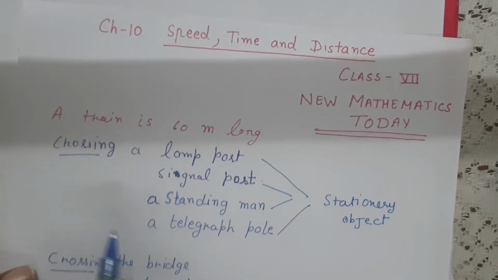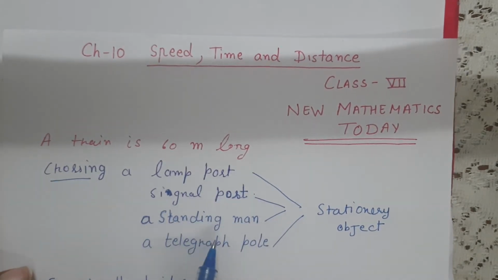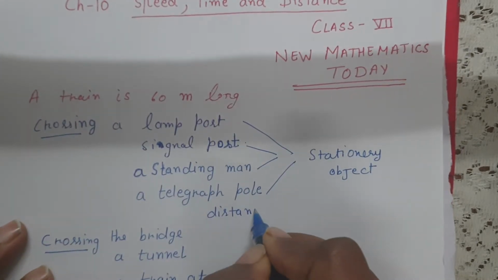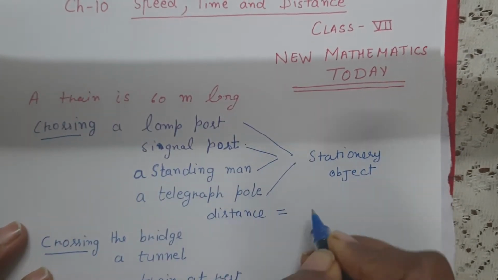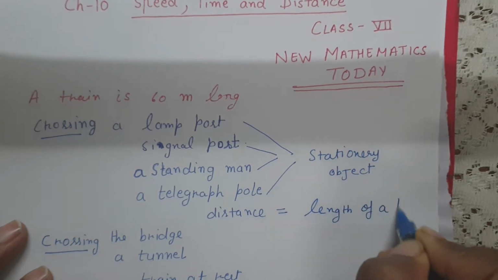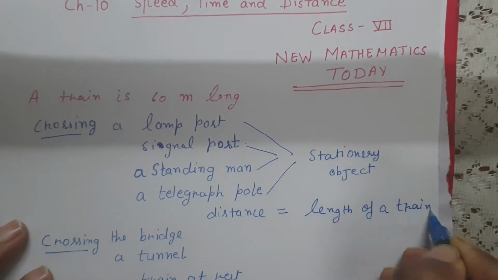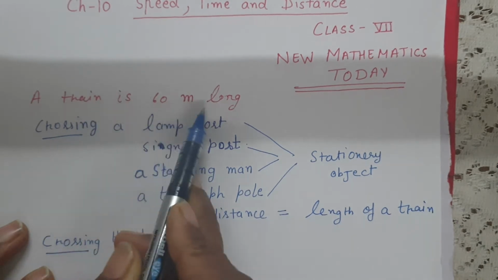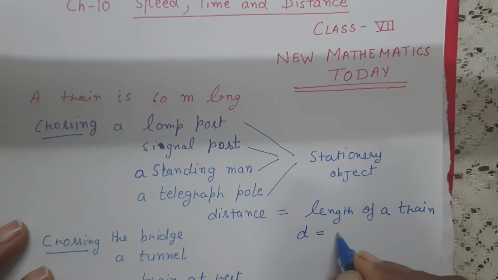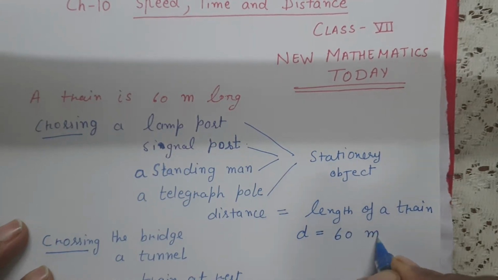Then if a train is crossing a lamp post, signal post, a standing man or a telephone pole, then distance is equal to the length of the train. Here the train is 60 meter long, then distance d is equal to 60 meter.